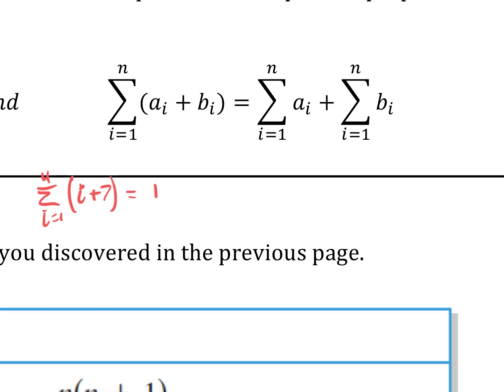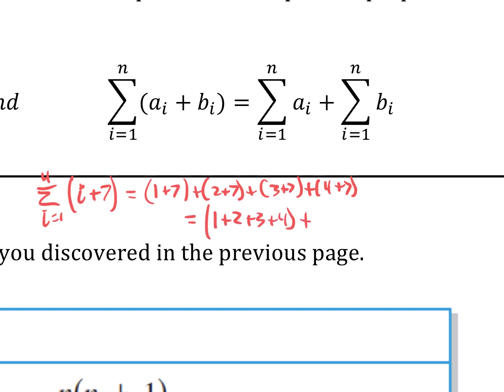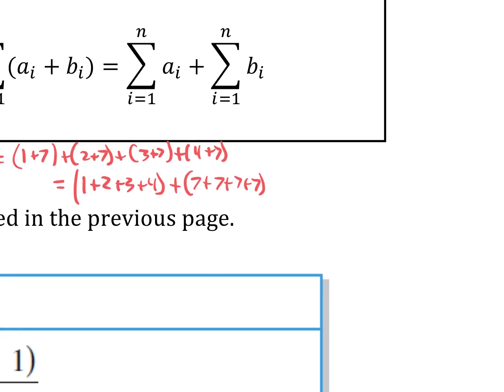We got 1 plus 7 plus 2 plus 7 plus 3 plus 7 plus 4 plus 7. Well, if we rearrange that, that's just 1 plus 2 plus 3 plus 4 plus 7 plus 7 plus 7 plus 7.